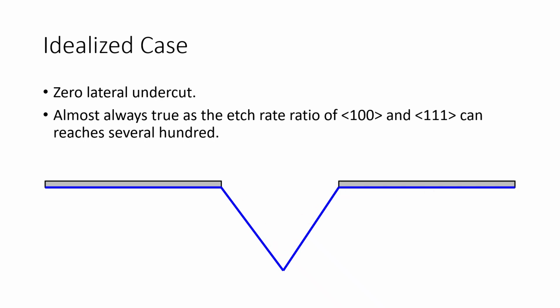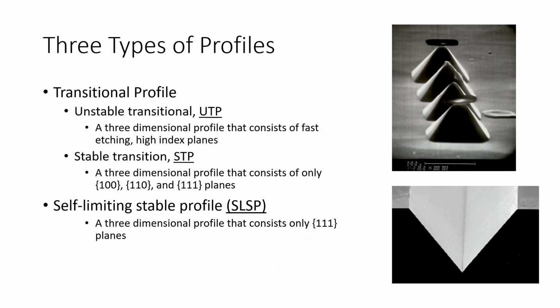It will no longer grow any further. That structure is what we call a self-limiting stable profile, SLSP. It's limiting by itself and it's stable. It doesn't matter how long you etch it. Ideally, this is good because in processing you can do over etching and it's not sensitive.